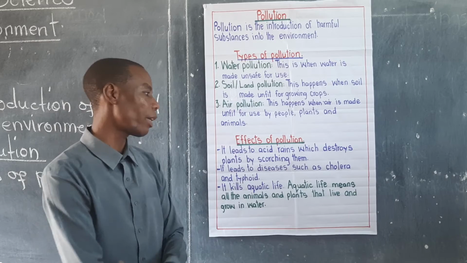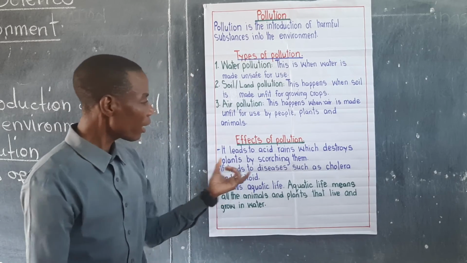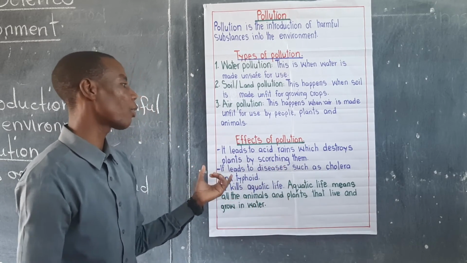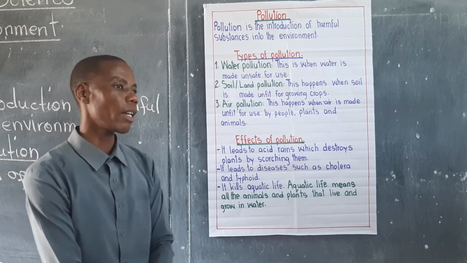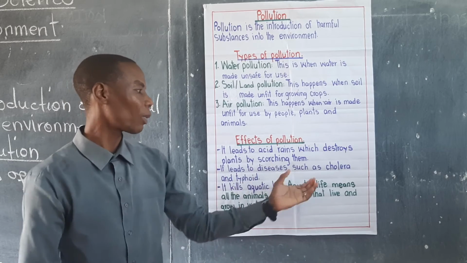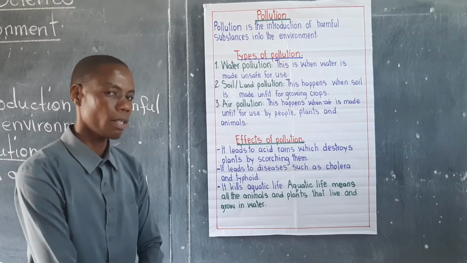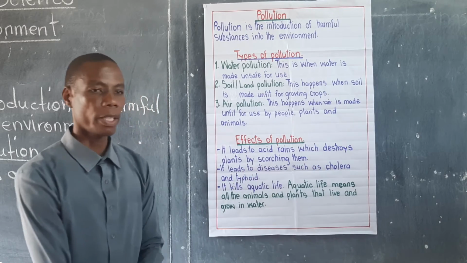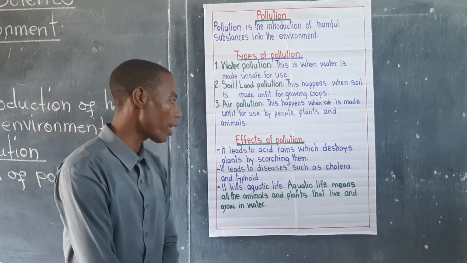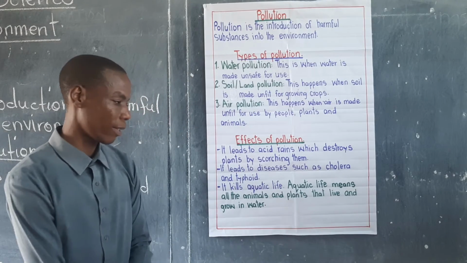Water is going to be polluted. When water is polluted in that manner, it is going to begin spreading diseases such as cholera as well as typhoid. Once you drink that water, you are going to get these diseases that we are talking about. These are known as waterborne diseases.